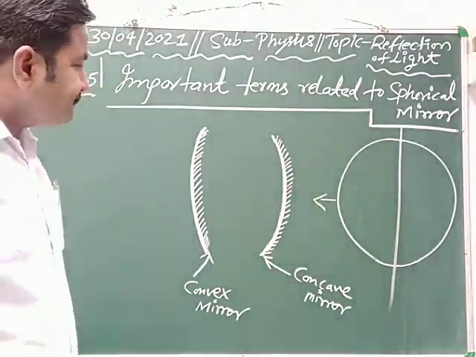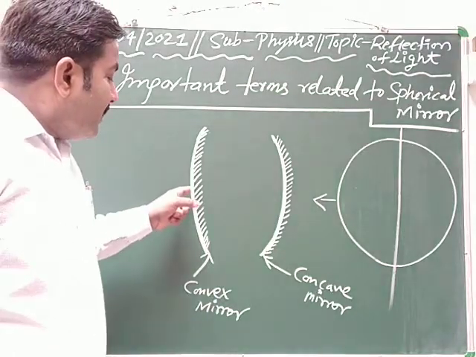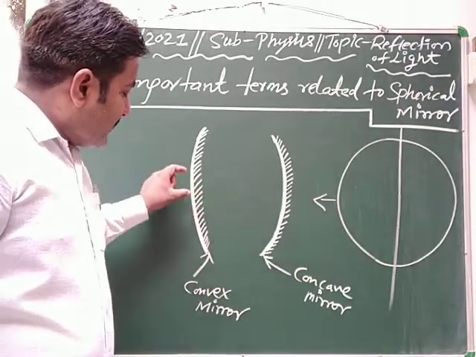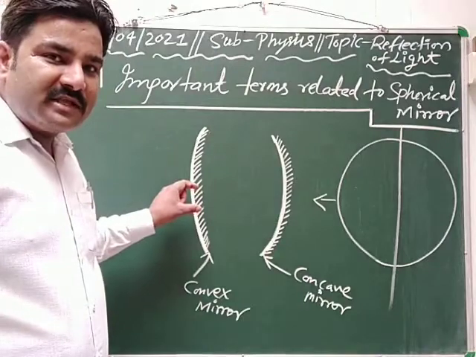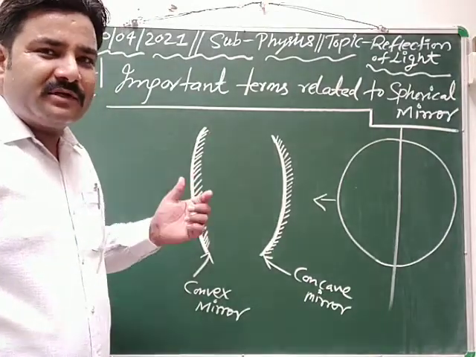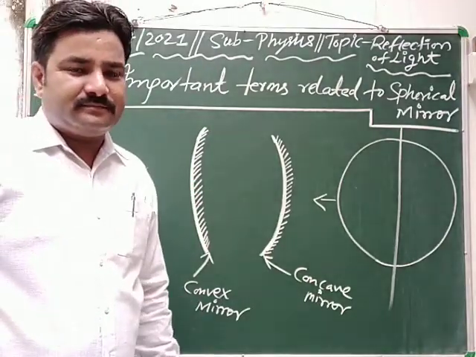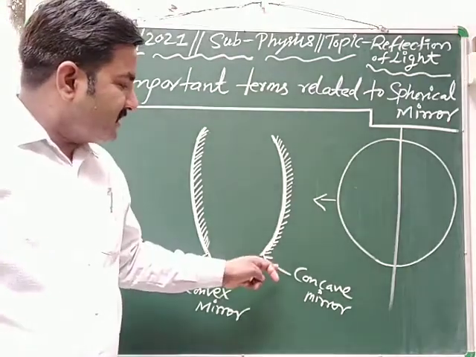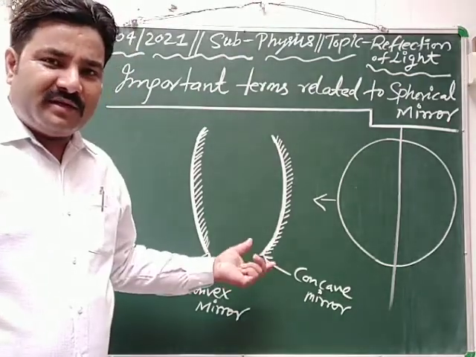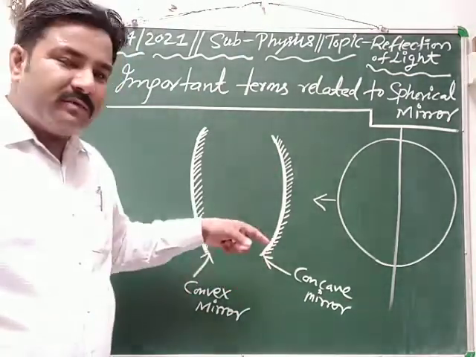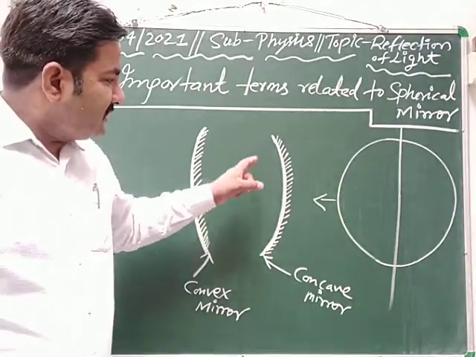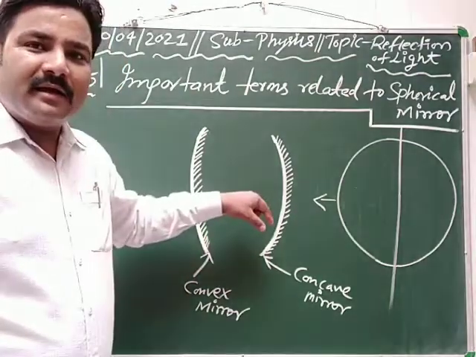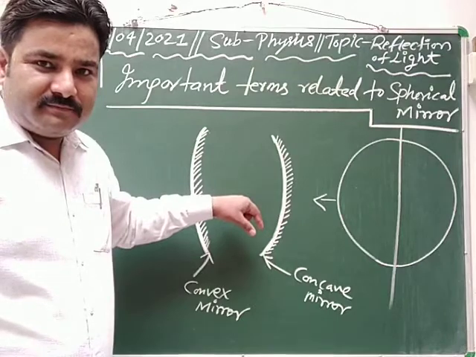And after the concave and convex mirror shapes, there are a few terms related to these two mirrors. Here this one is concave. What is the reason behind this mirror being said to be concave? Because the reflecting surface is concave.